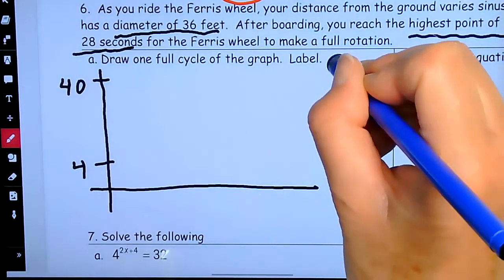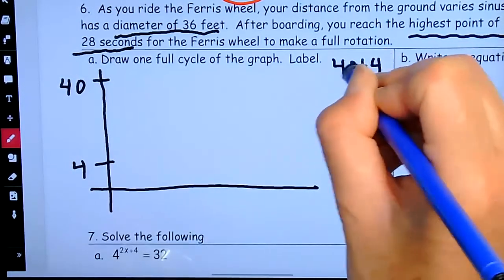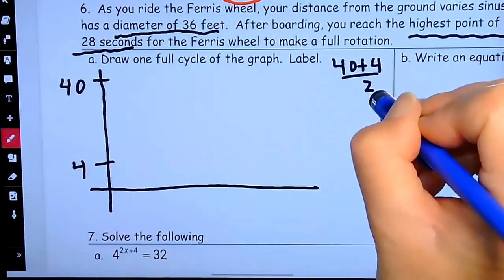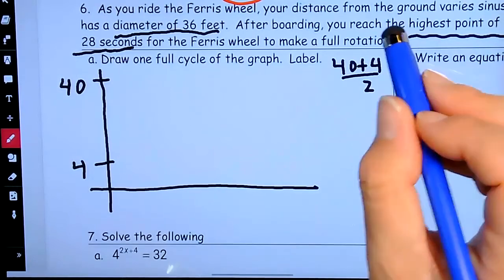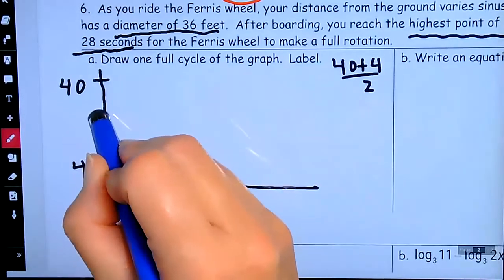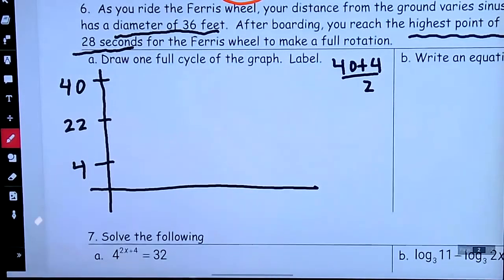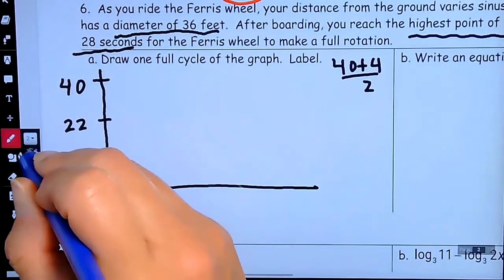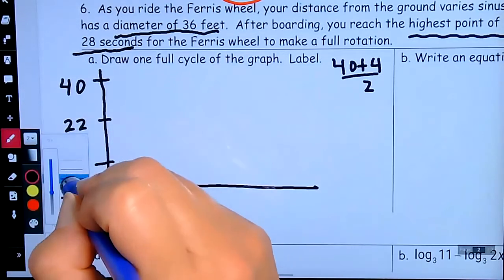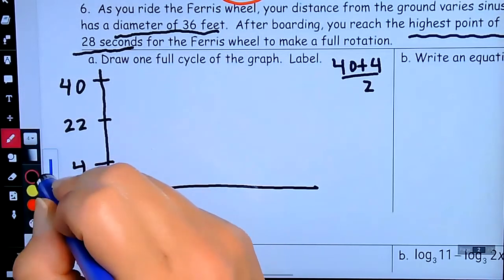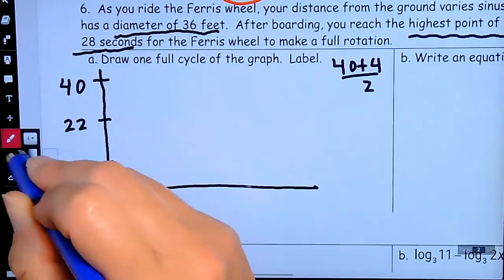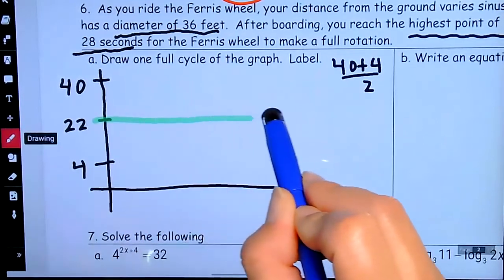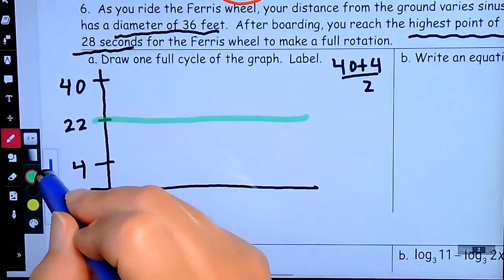I'm going to add them up and divide by 2. 40 plus 4 is 44, divided by 2 is 22. So that is going to be my vertical shift right here at 22.